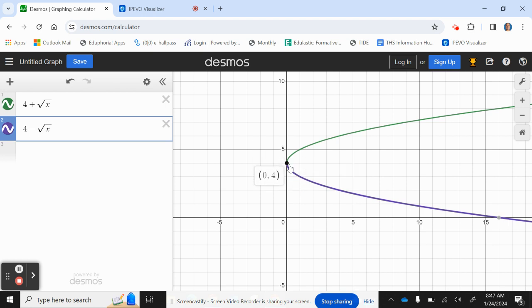So let's do this one at a time. 0, 4. 1, 5. 1, 3.